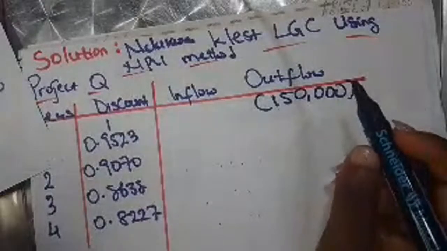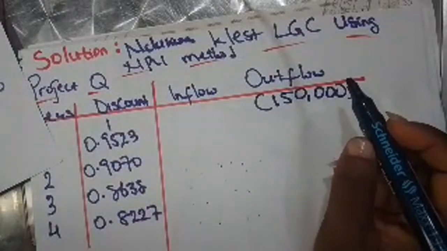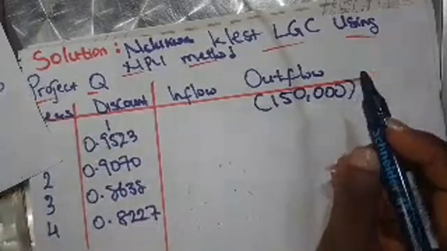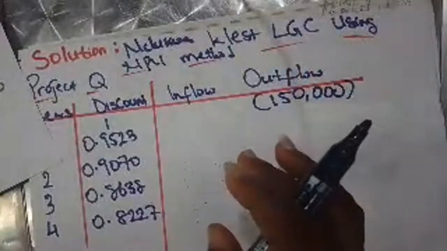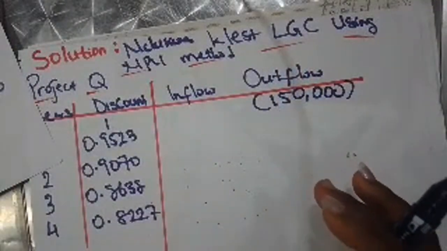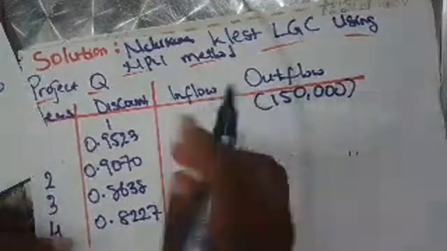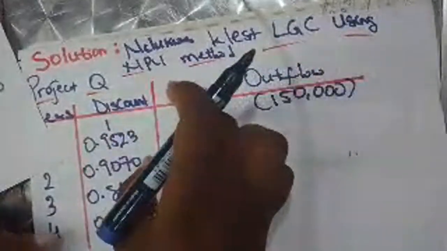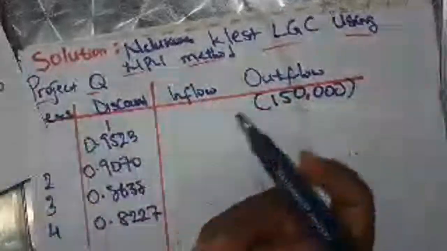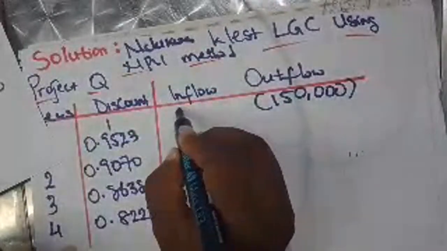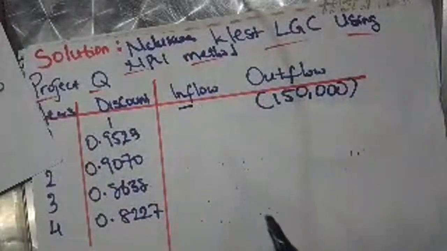It seems I said inflow. No, not inflow, outflow, please. The money they sent out to purchase the project or to begin the project. So the inflow is nothing. They just started, so nothing has come in. Nothing is expected to come in. So this is dash.